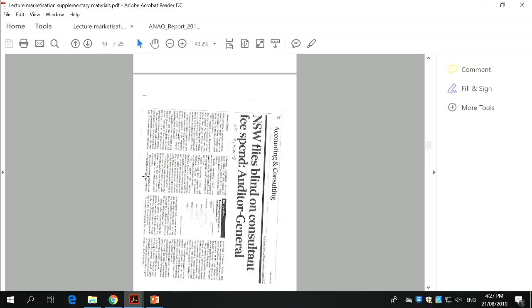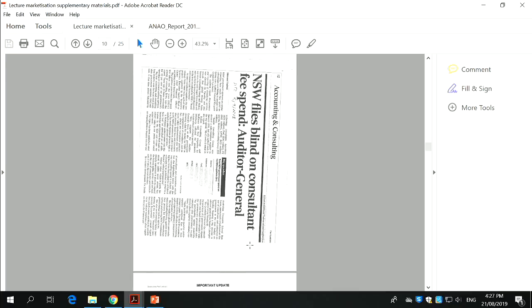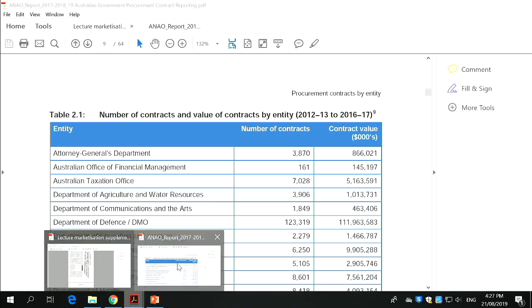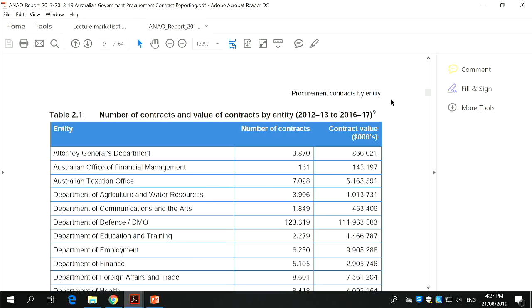And so there are similar issues, some relating to the outsourcing. I'll show you some. This is the ANAO report. It's not an audit report, but an information report that the auditors conducted into the Australian government's contracts, okay?